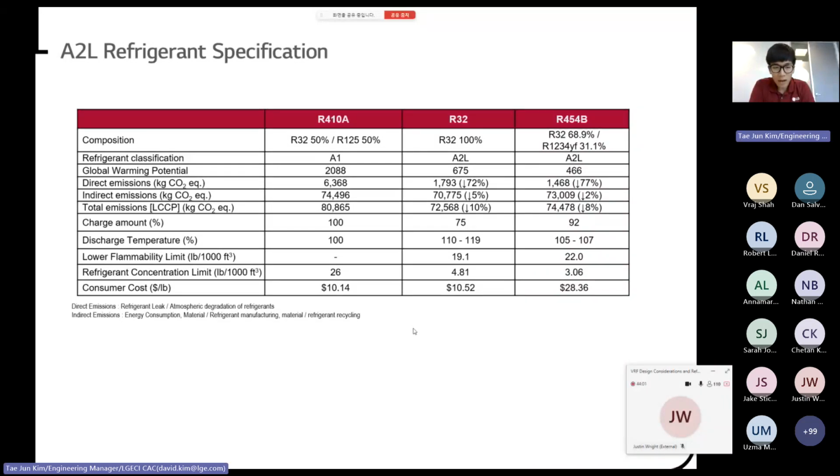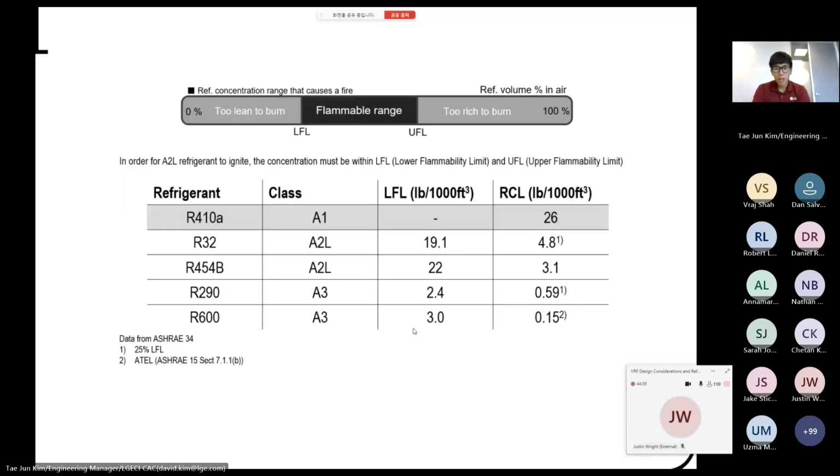It's not like propane or butane that can ignite easily; R32 and R454B are very slightly flammable. Let me give you an idea of how hard it is to ignite these two refrigerants. In order to ignite a refrigerant, it has to be within a certain concentration in the air. If it's under the LFL, the lower flammability limit, or above the UFL, the upper flammability limit, it is not going to ignite. Under LFL, it is too lean to burn. Above UFL, it is too rich to burn.